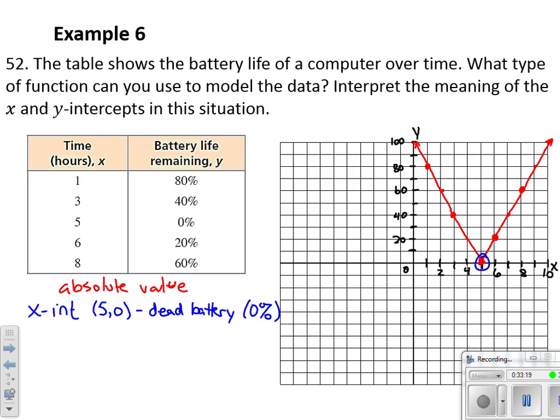Now, the y-intercept. Where does this graph encounter the y-axis? Well, we're going to have to look at our data, and it looks like this point right here. It has to be that point, the point (0, 100). Well, it represents when the battery is at 100% capacity, but it's measuring what's happening when time is 0.